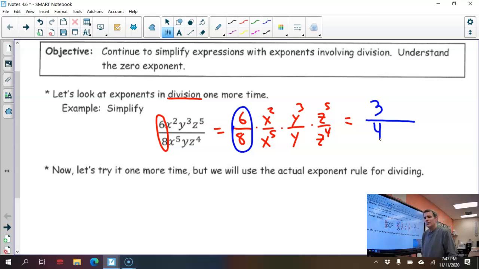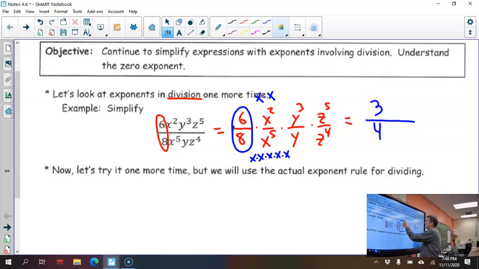And I don't think I want to write this out every time, but let me go over again how to do this. X squared is really x times x. X to the 5th on the bottom is really 5 x's multiplied together. And now you can reduce the x's because when you have the same factor on the top and on the bottom, they cancel each other out.